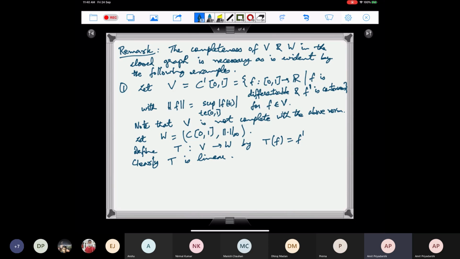So if you look at the norm of that, it will be equal to n, but the norm of f is equal to 1, right? So this is not bounded. So T is not continuous.